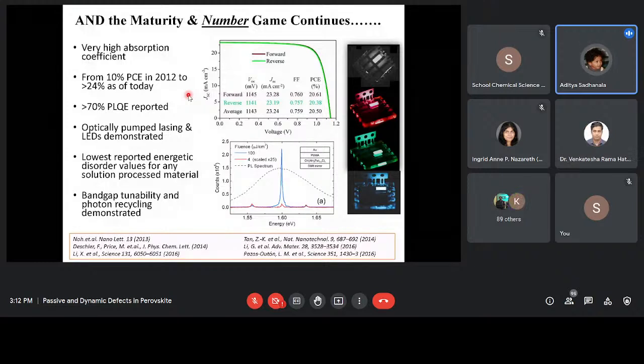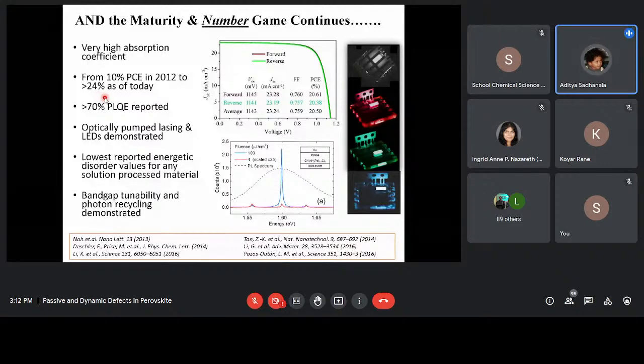We are currently in 2022, so it's been 10 years, and within this last 10 years, the power conversion efficiencies have gone beyond 24%. To put it in the right context, 24% is very close to what you get even in a single crystalline silicon solar cell. So you achieve around 25-26%, and you're very close to that.